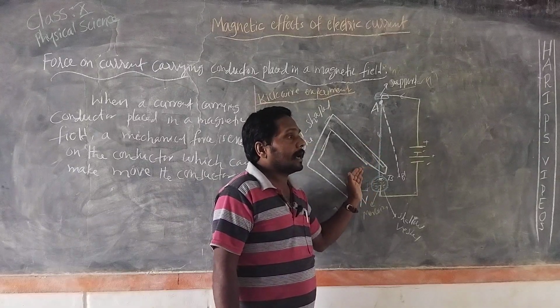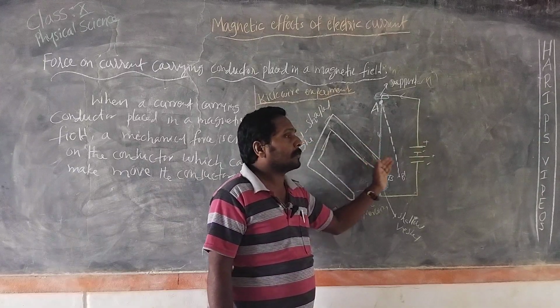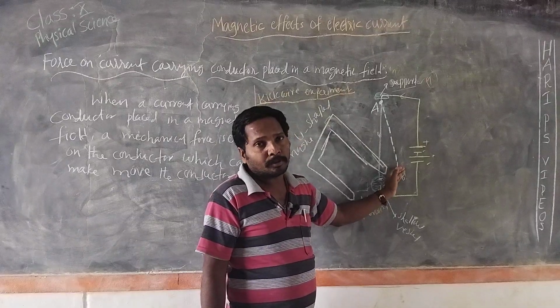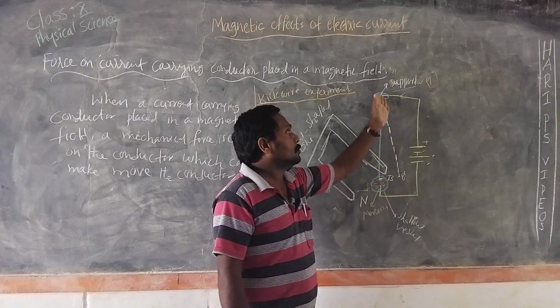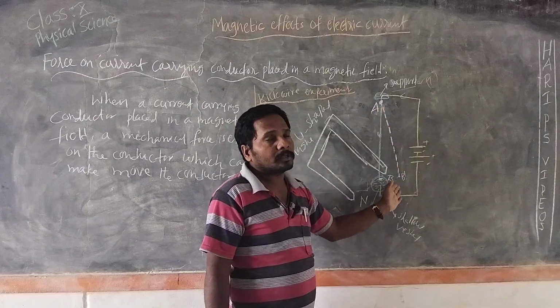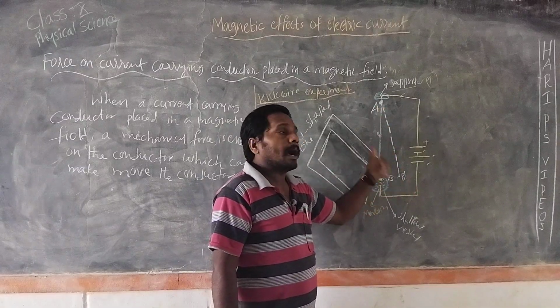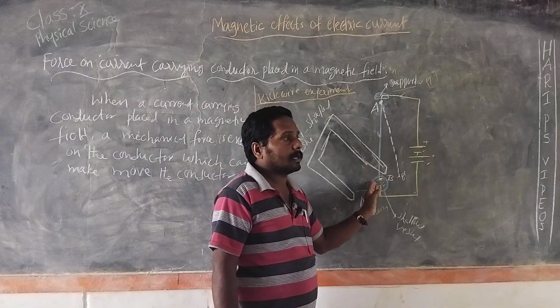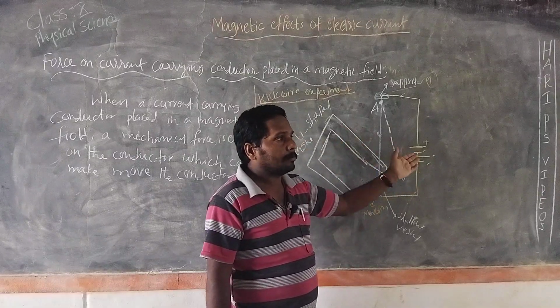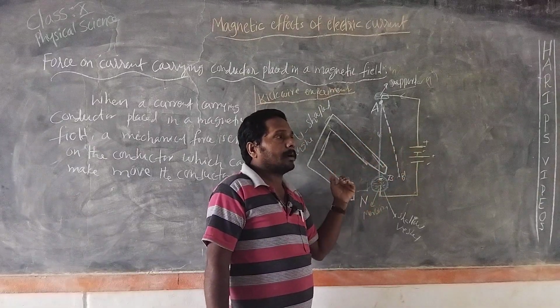So the current carrying wire moves from its original position. Once it moves from the original position, no current flows, and due to magnetic force it comes back to the connection, current flows, it moves again, no connection, it comes back again.